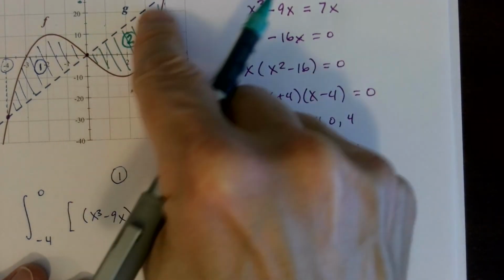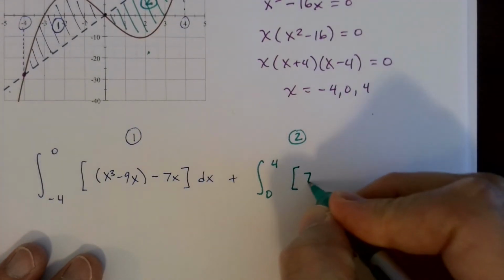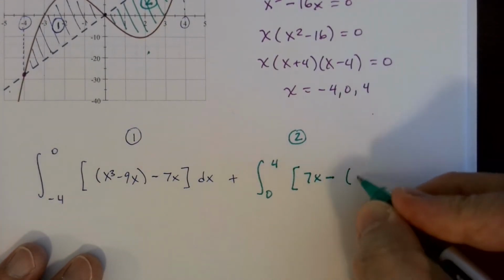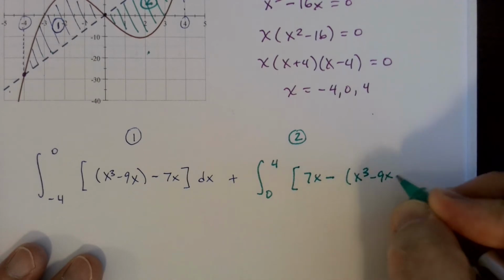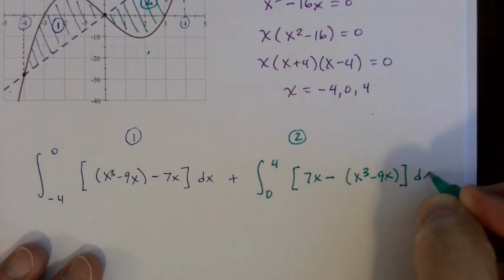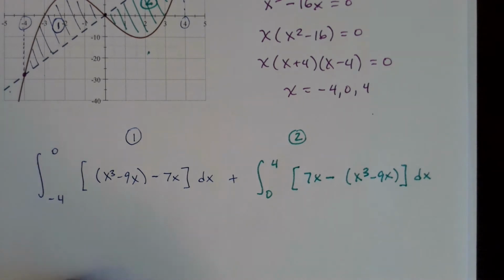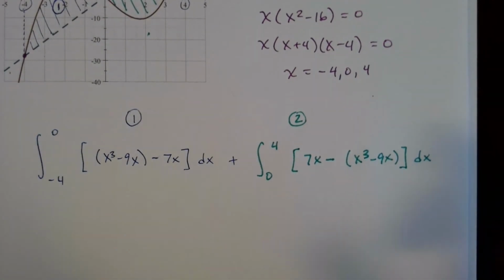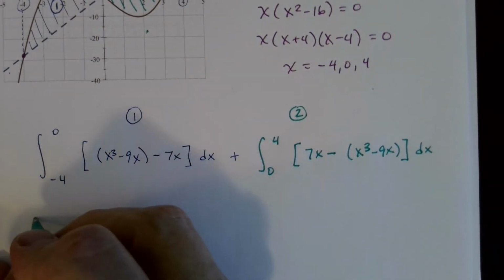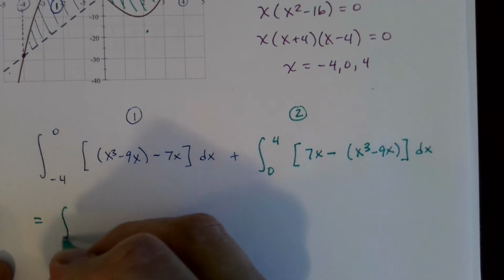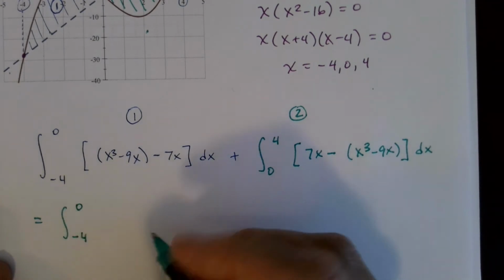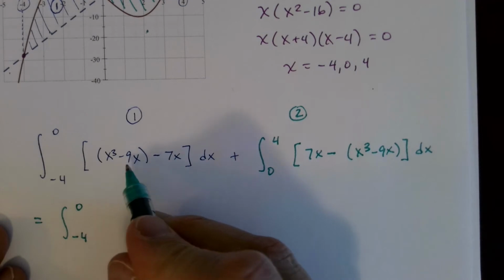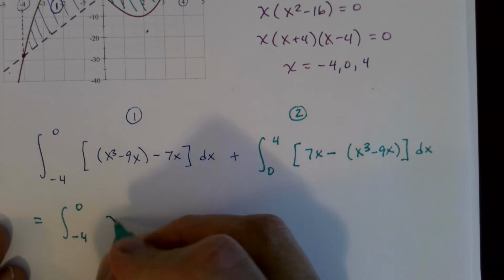And this time the top is the g of x function, which is 7x, minus the bottom function, which is x cubed minus 9x. So there's the setup. You should simplify now to evaluate. So this is going to be from negative 4 to 0. And it's going to be what? x cubed minus 9x minus 7x, minus 16x.